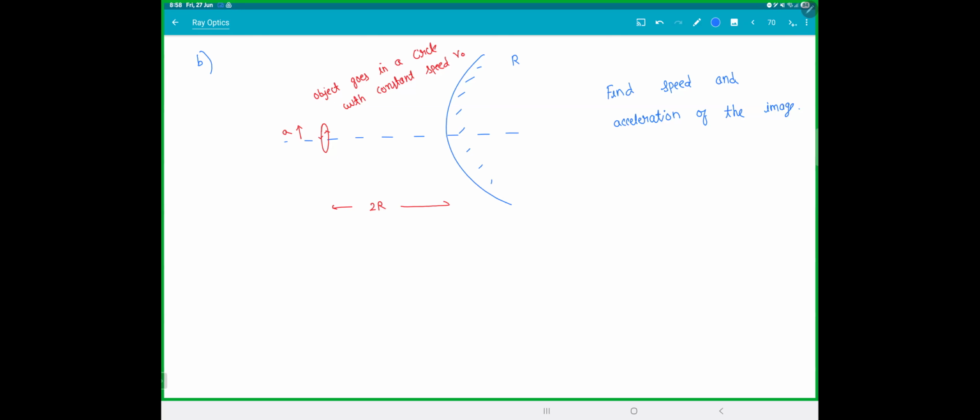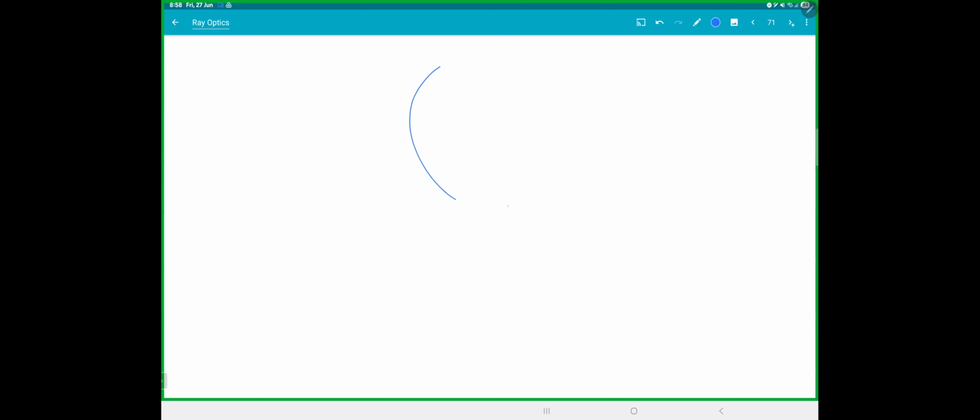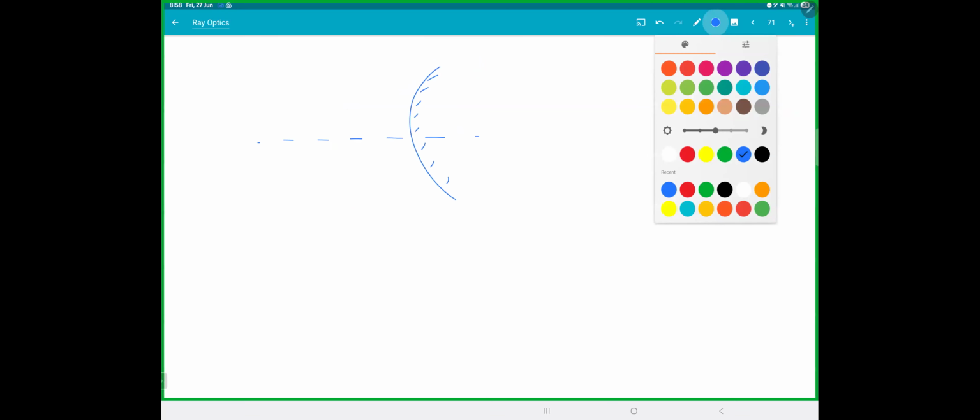Speed will be less actually. So here the object is at a height of a. Drop the perpendicular.